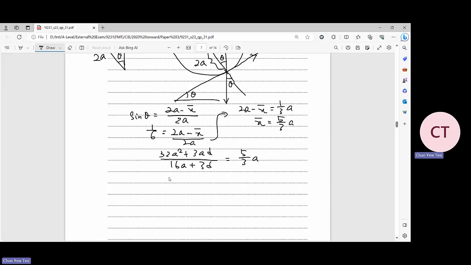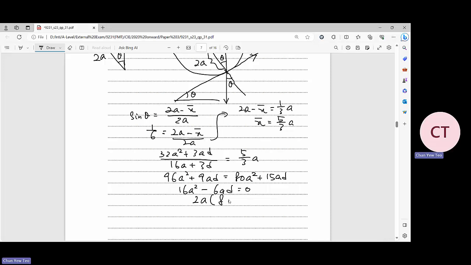You have this as 96A square plus 9AD is equal to 80A square plus 15AD. Then you get 16A square minus 6AD equal to 0. Factorize the 2A out.